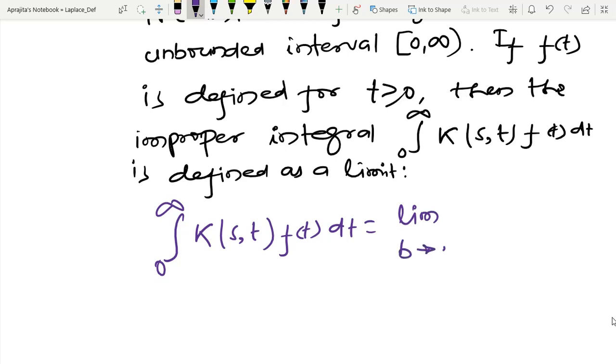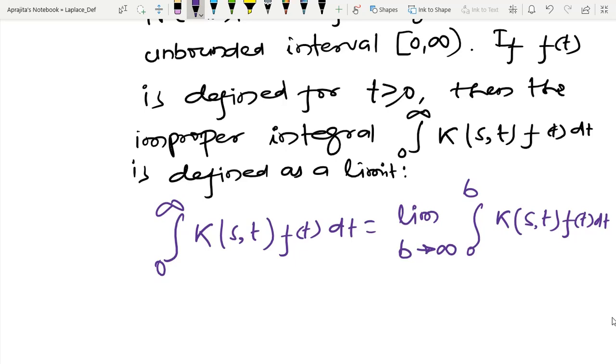So the meaning of this is like this. I am going to make sure that this function is integrable from 0 to b, and even if b tends towards infinity, I am going to get some kind of result from this.